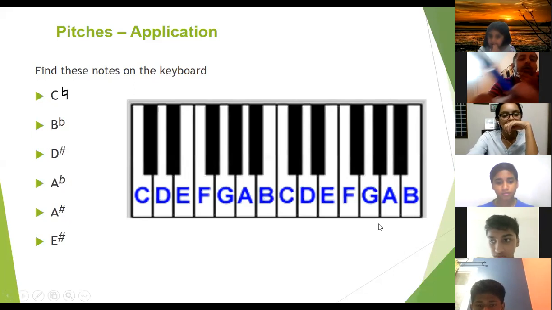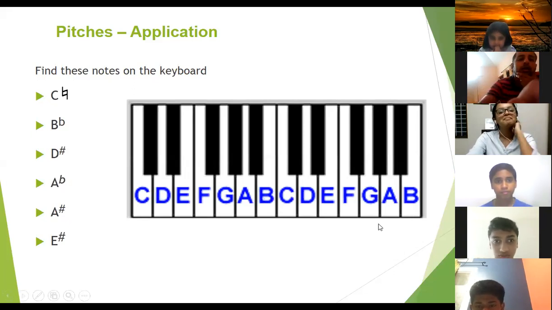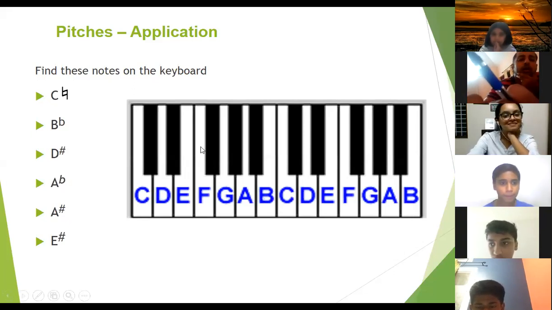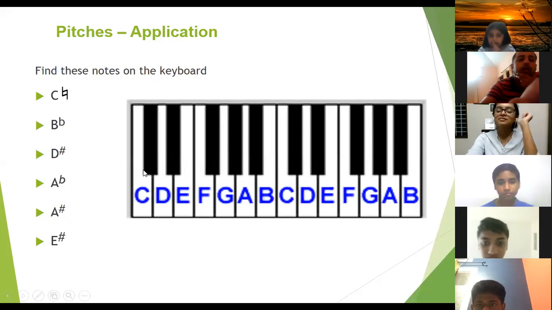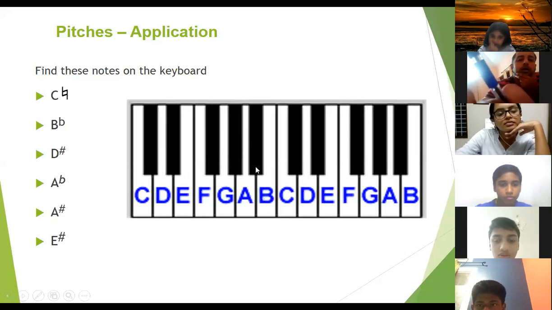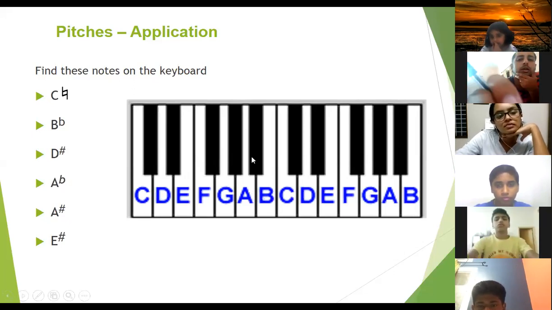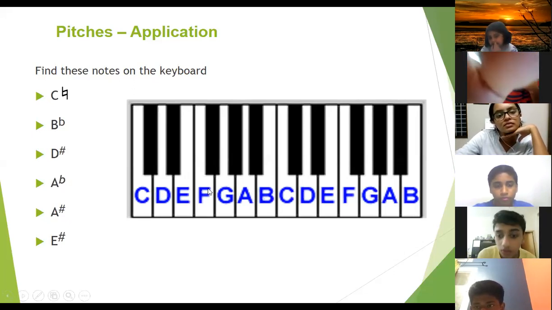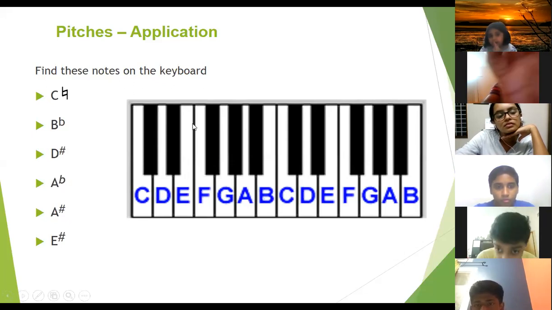Okay, there is actually E sharp. So get ready to be a little confused. There is E sharp. Sharp means you go to the next key, isn't it? C sharp, D sharp, F sharp, G sharp. You go to the next key, which is obviously a black key here. A sharp, G sharp, F sharp, right? You go to the next key. For E, here we don't have a black key.